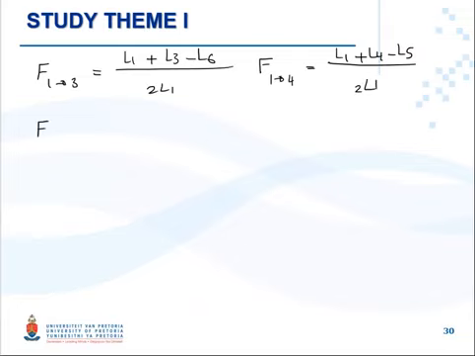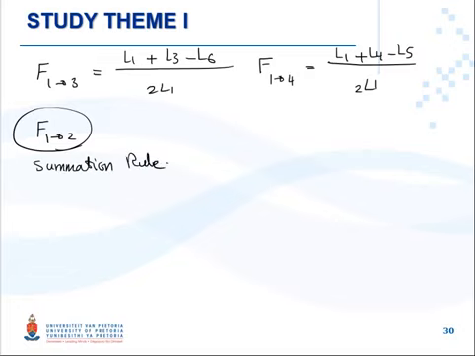But we were interested in F1 to 2. How are we going to find this one? Easily. We use the summation rule. So we say that F11 plus F12 plus F13 plus F14 is equal to 1.